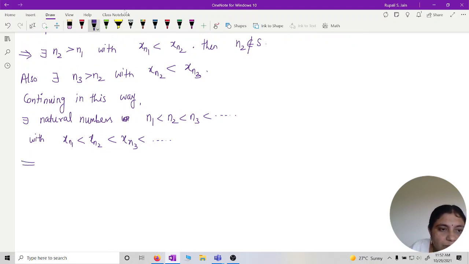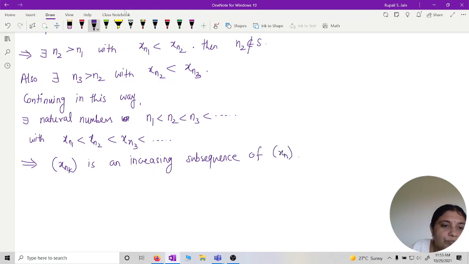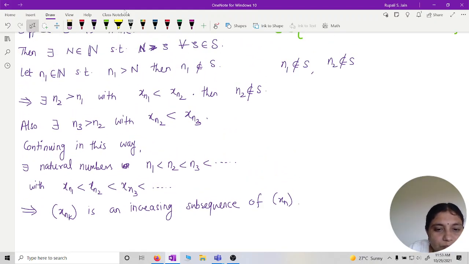This implies xnk is an increasing subsequence of our original sequence xn, so it is a monotone subsequence. So if S is finite, then we will get an increasing subsequence of xn.